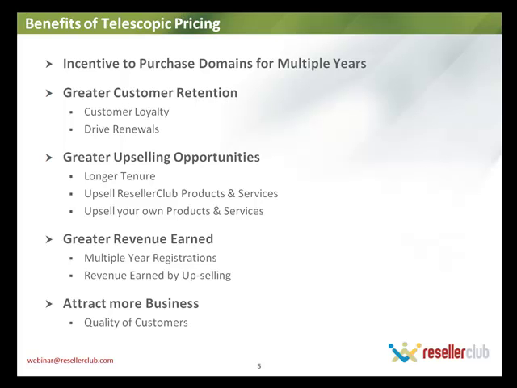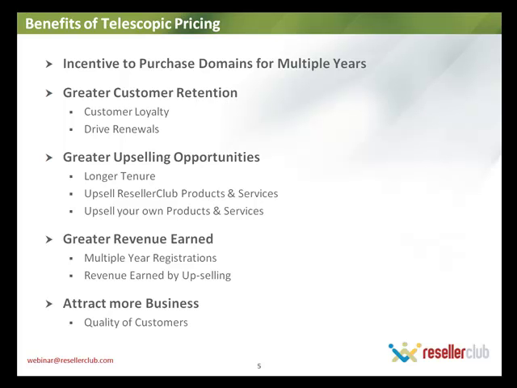This is kind of obvious: if you're offering a better price for multiple years of registration, the customer would be more inclined to buy that domain for multiple years than pay for every year individually at a higher price. This in a way ensures customer retention. If most of your customers are buying domains for multiple years, they would be with you for a longer period of time. This gives you the opportunity to build customer loyalty, which would help drive your renewals as well.